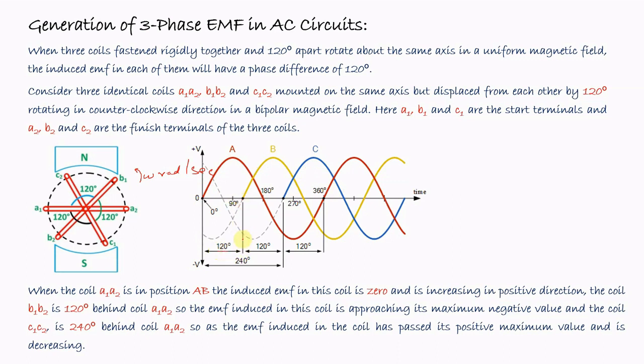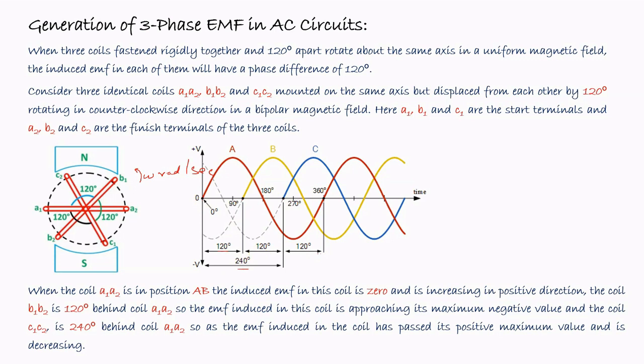Similarly, the phase difference between B and C is also 120 degrees, and between C and A it is again 120 degrees, or we can say that the phase difference between the red and the blue, that means the coil A and the coil C, is 240 degrees.